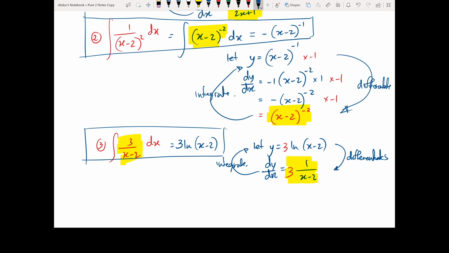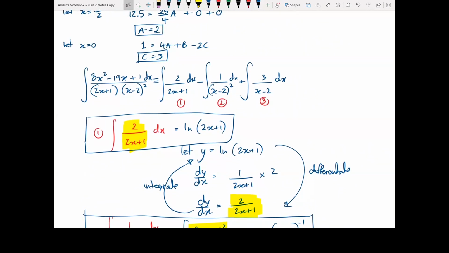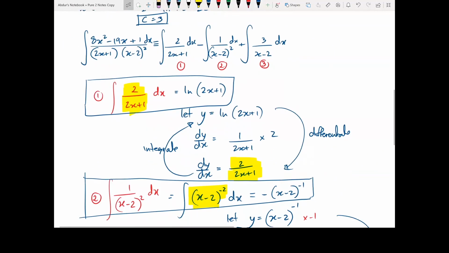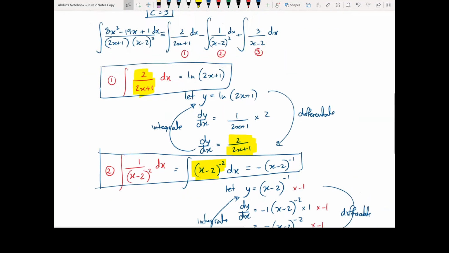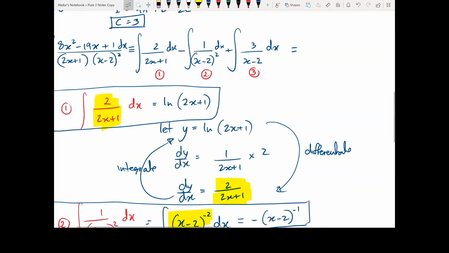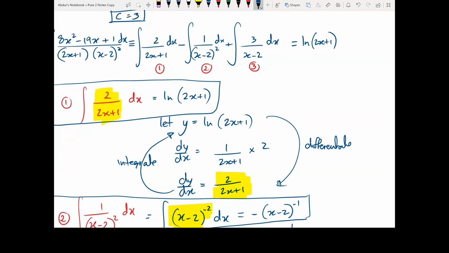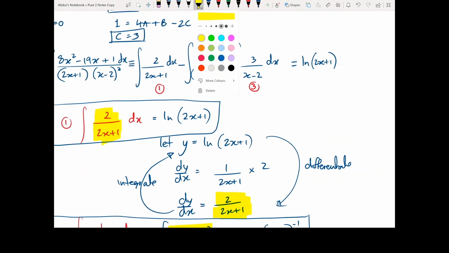Now that we've integrated each of those fractions separately, we can go back and write down the answer to that. So essentially we're substituting these results into the final integration there. So let's go and see what our integral then becomes. We've got ln of 2x + 1 was the first integral. Number 2 was, we then had minus, so take care of that minus there.